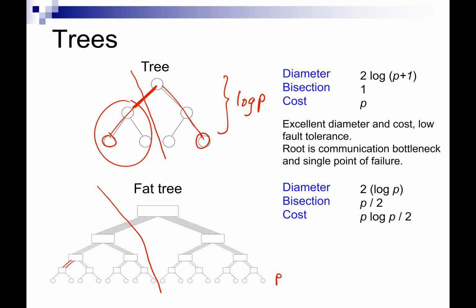Here you have 16 edges, and then on the next layer you have 8 of these squares, but then you have 2 edges between them, so that's another 16 edges. In total you have log p levels, so the height of this tree is log p. The cost per layer is p, so altogether you have a cost of something like p times log p divided by 2.